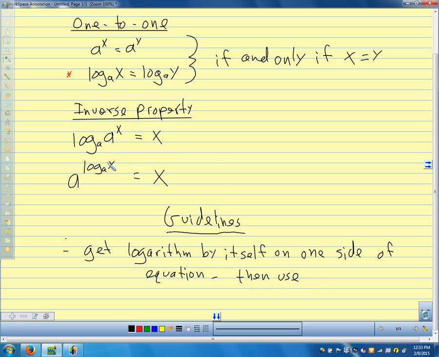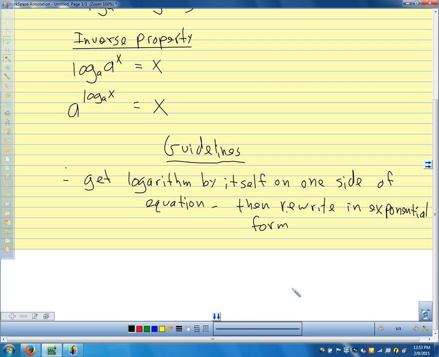Sorry, not the one-to-one property. Get the logarithm by itself, and then rewrite in exponential form, or use the inverse property. So that's one way we can solve logarithmic equations. Get the logarithm by itself, and then rewrite in exponential form.